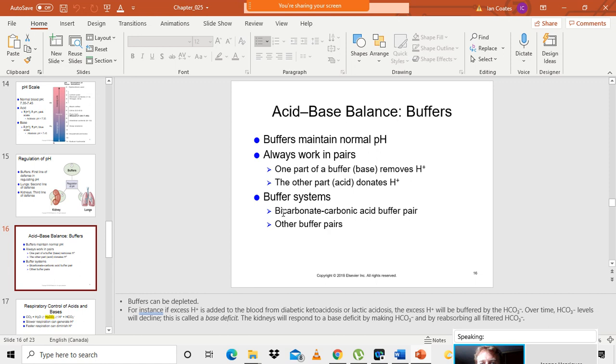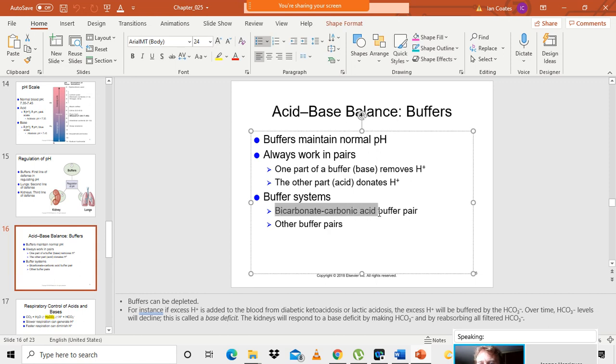The buffer system, there's your bicarbonate from your CO2, and you can see it all in here as well. For instance, if excess hydrogen is added to blood from diabetic ketoacidosis or lactic acidosis, the excess hydrogen will be buffered by your bicarbonate. Over time, bicarbonate levels will decline.